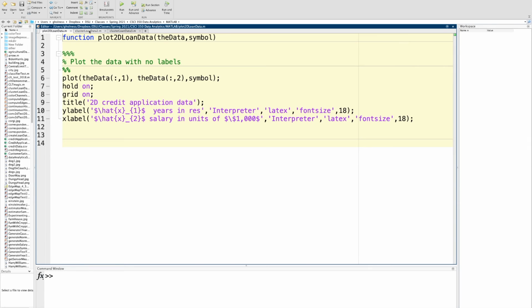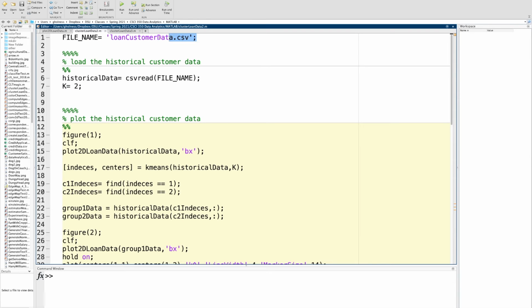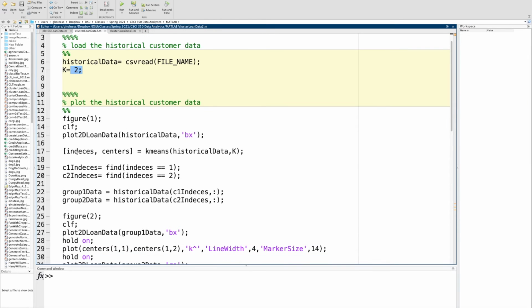Here, I start out with my loan data. I read that in, I set k, the number of clusters, equal to 2, and I plot my historical data. So let's try out this plot of historical data before we run k-means clustering.